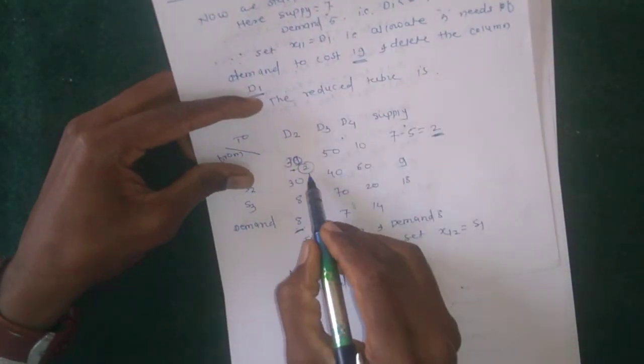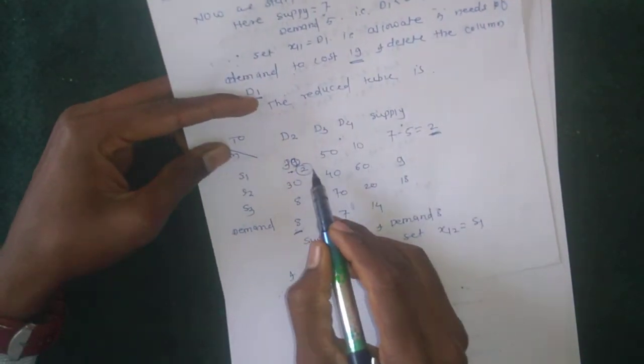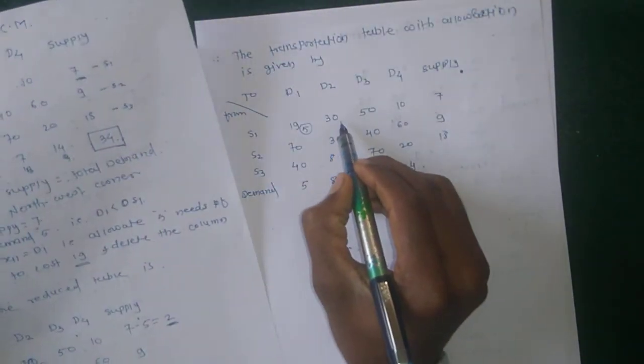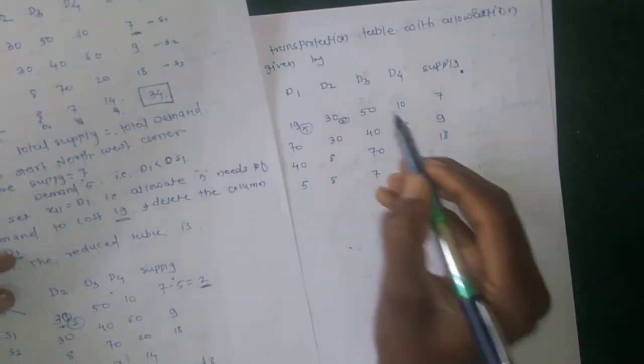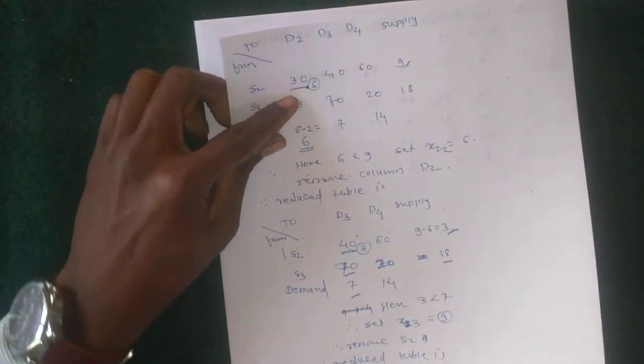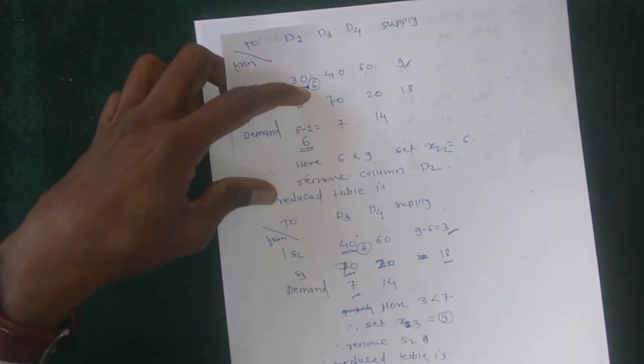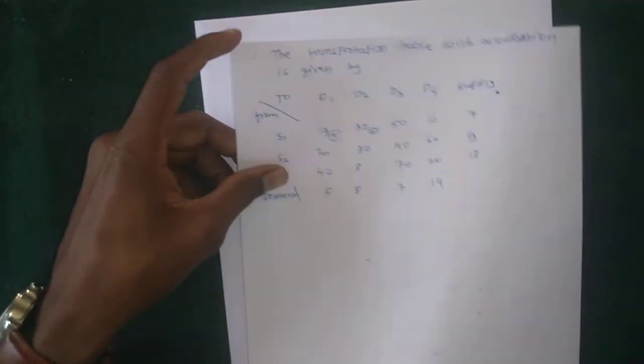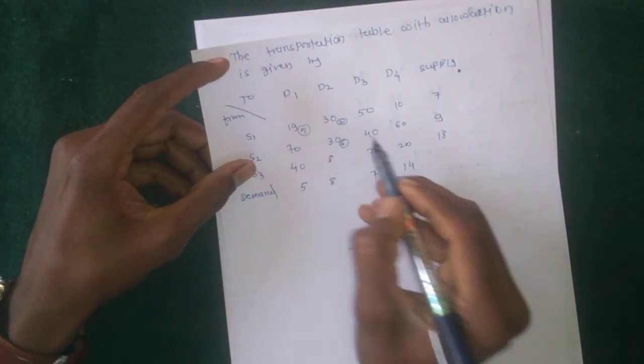For the first column, the allocation for 19 is 5. For the second, cost 30 at D2S1 has allocation 2.